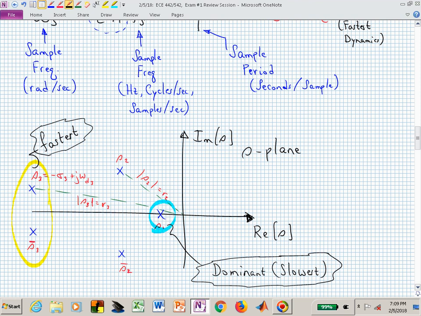For S sub 3, we have an S sub 3 bar, where that means it's the complex conjugate of S sub 3. We just change the sign of the imaginary component. If we had an S sub 2 upstairs, we have an S sub 2 in its mirror image downstairs. That gives us 4. We have a real pole at S sub 1. We have 5 poles. This is a fifth order system.